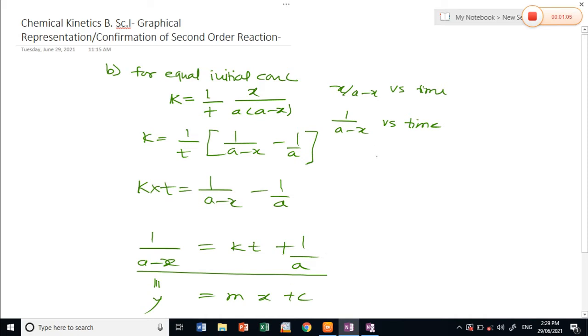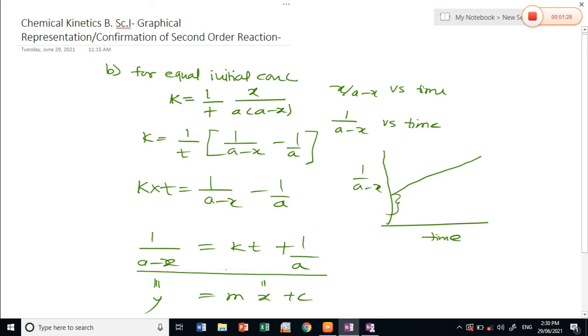And if we draw the graph like this, here 1 upon (a minus x), here time. So if you see the form y is equal to mx plus c, it is having intercept, so we'll get a straight line cutting the y-axis with an intercept.